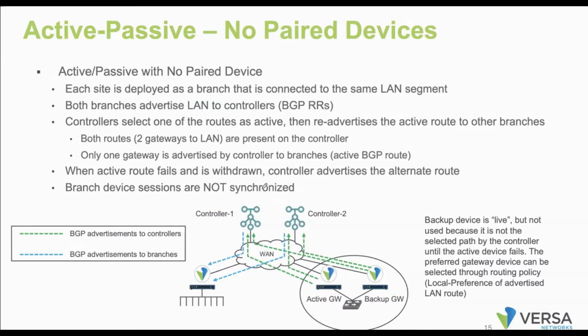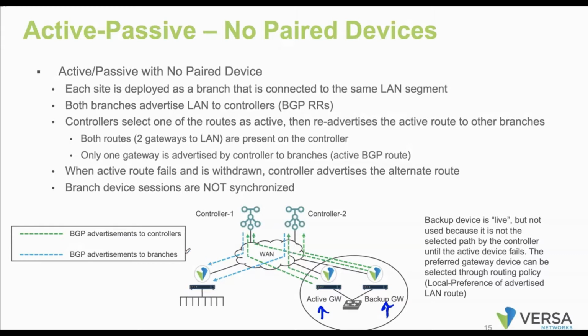So here what we are trying to do is, we'll try to deploy the devices as individual devices. So both the devices will have their own control plane towards the controller. Both the devices will start advertising the routes towards the controller. Now the controller will select one of the best route for the BGP, and it tries to advertise the best active route towards the remote branches.